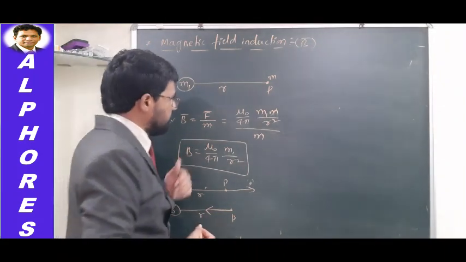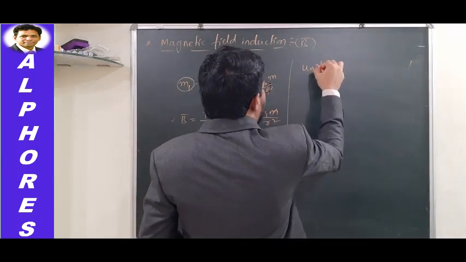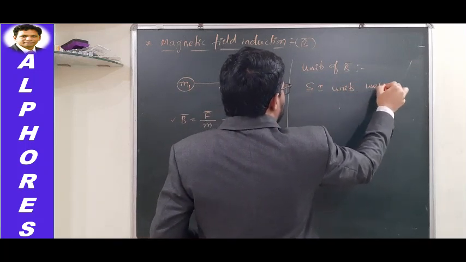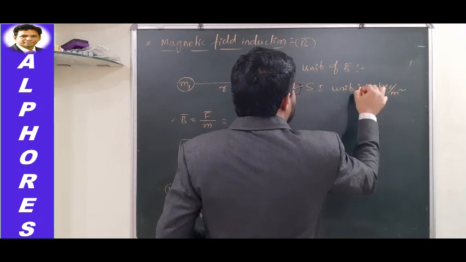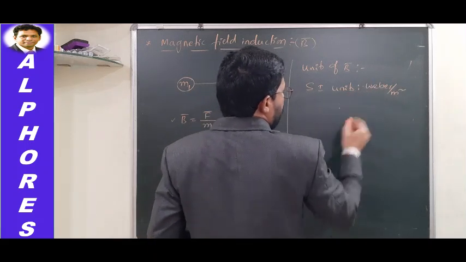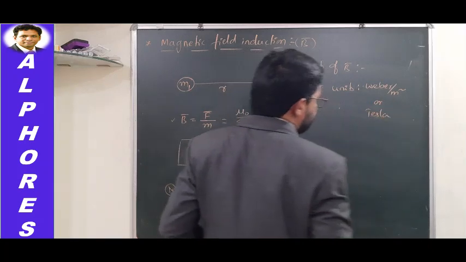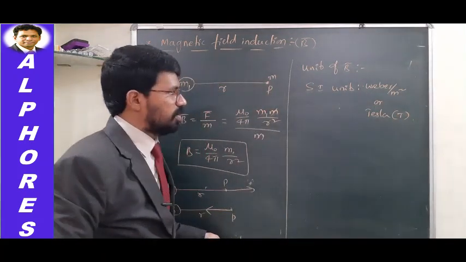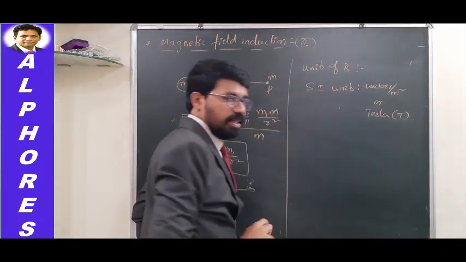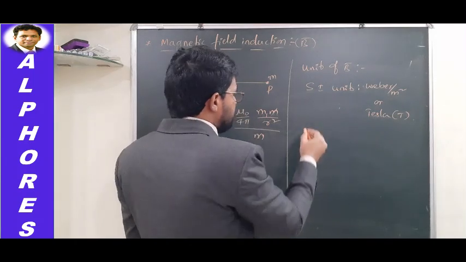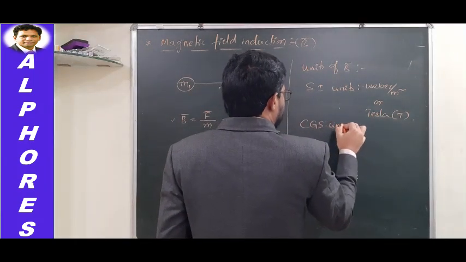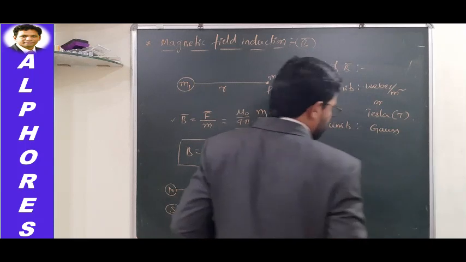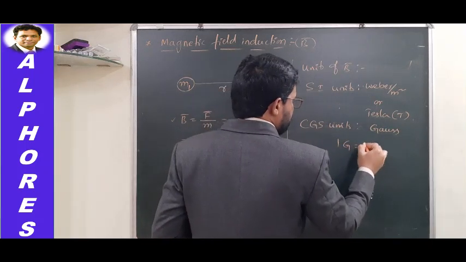Coming to the units of B bar, the SI unit is Weber per meter square, or Tesla, which you can simply write as capital T. Coming to CGS units, it is expressed in Gauss. 1 Gauss is equal to 10 power minus 4 Tesla.